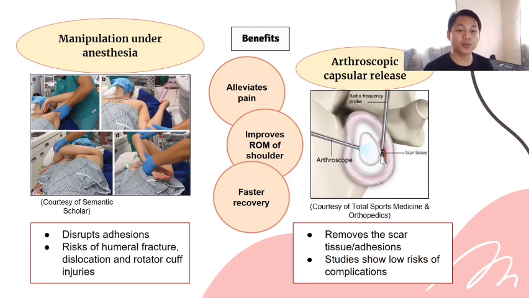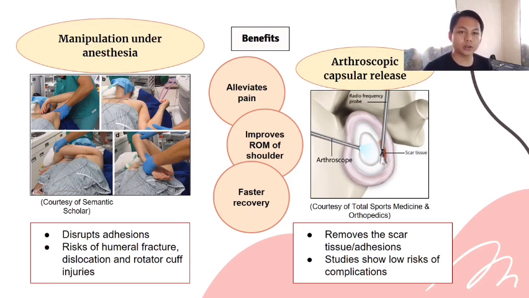For arthroscopic capsular release, the doctor will make a small incision at the affected shoulder, and then a small camera will be inserted into the shoulder joint. Using the vision provided by the camera, doctors will be able to see the tight and thickened shoulder capsule inside the joint. This allows the doctor to cut the joint capsule and allow the joint to have more freedom and mobility.